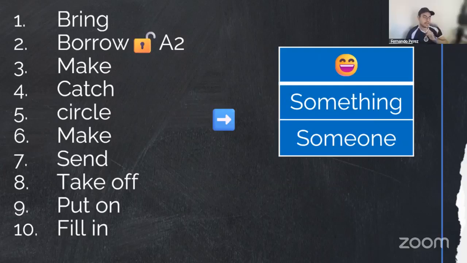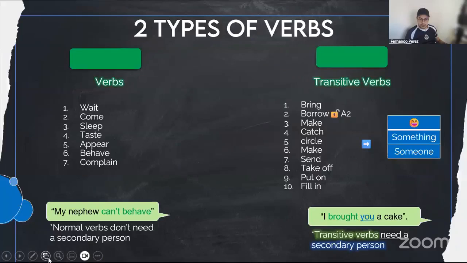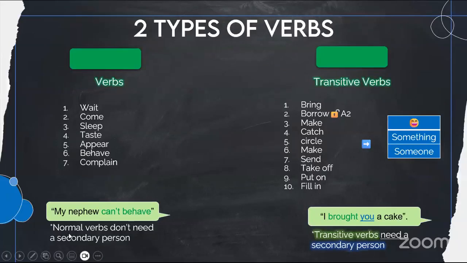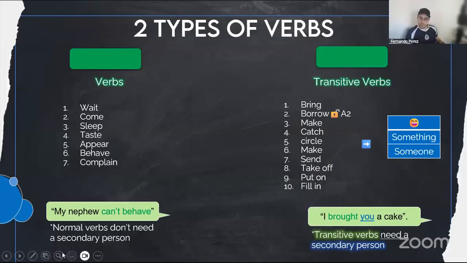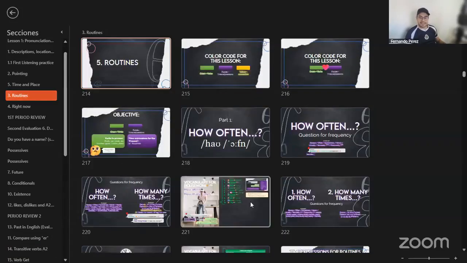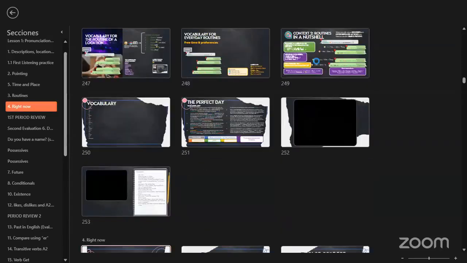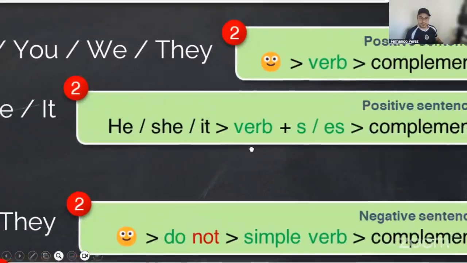I make, you make, and he, she, it makes. When you say I make, you make, he, she, it makes, because we are talking about the he, she, it expression in present.